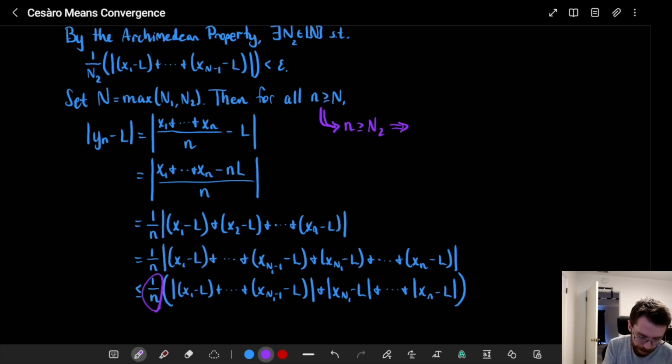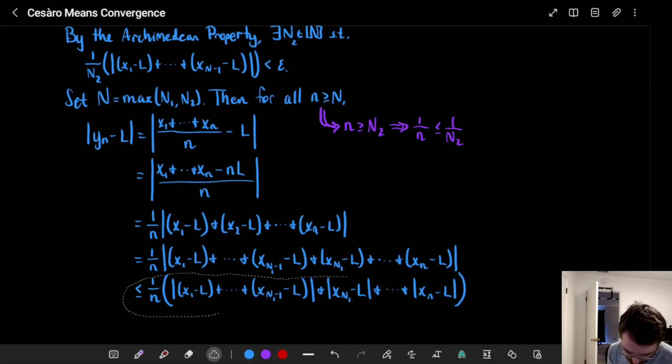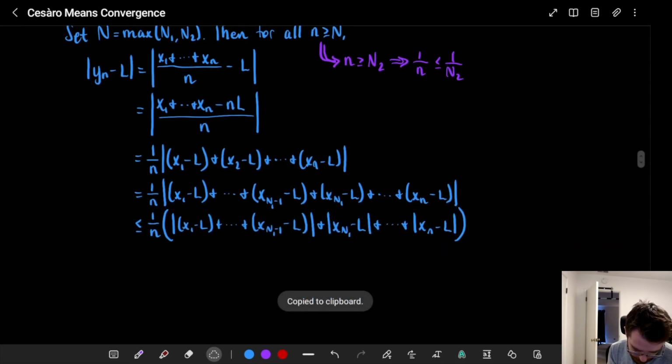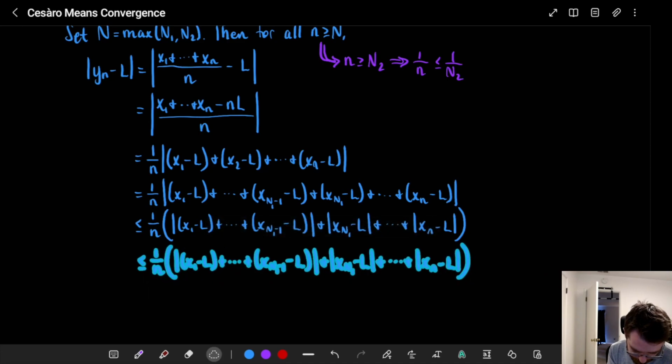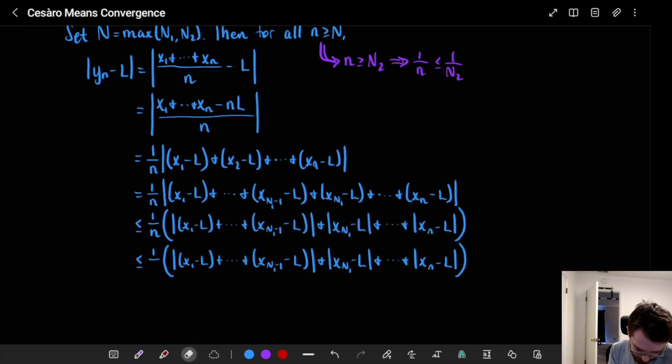But I'm looking at 1 over n and 1 over n2, so if I take reciprocals, the inequality flips: 1 over n is less than or equal to 1 over n2. I could immediately throw that down here. Let me copy paste this so I don't have to write it all again. I can safely replace 1 over n with 1 over big N2.